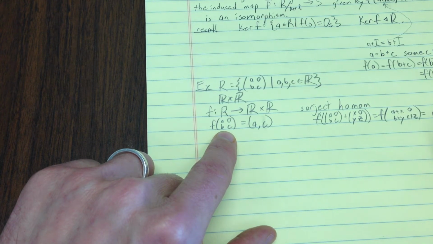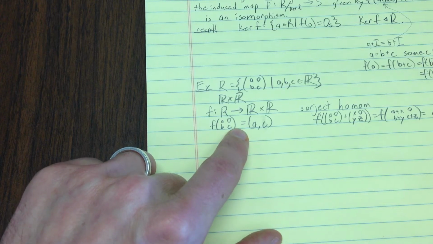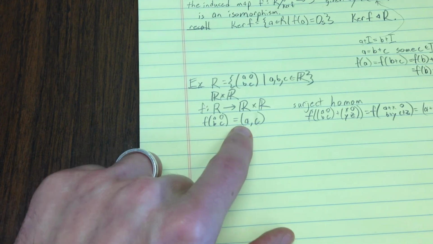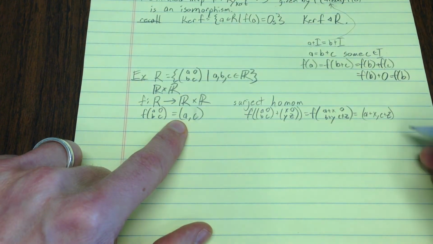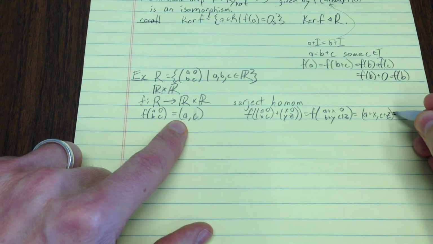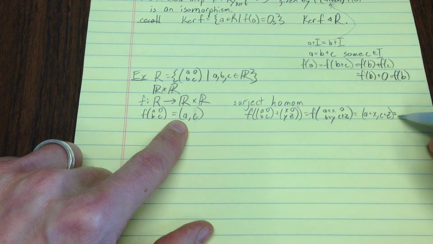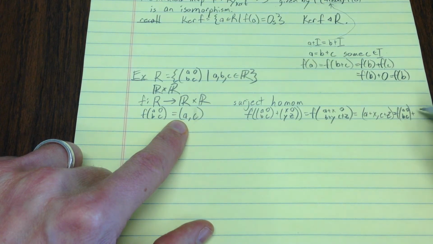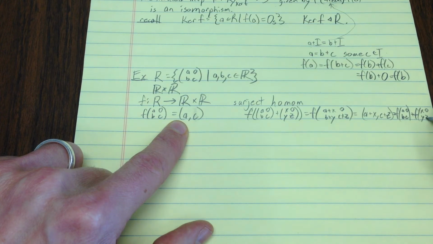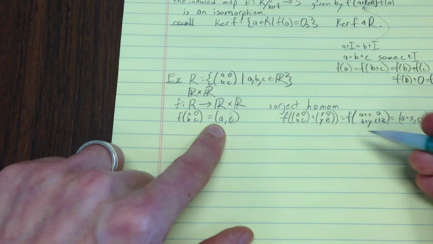That's going to map to (A plus X, C plus Z), by the definition we gave right there. And then, of course, you can see that is F of [A, 0; B, C] plus F of [X, 0; Y, Z]. So it's a homomorphism under addition.